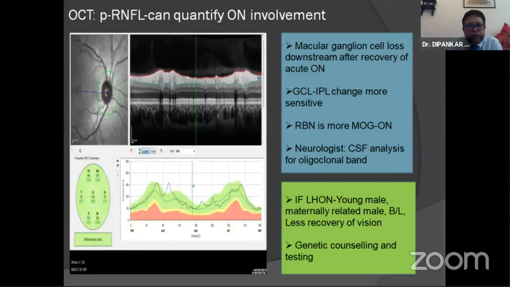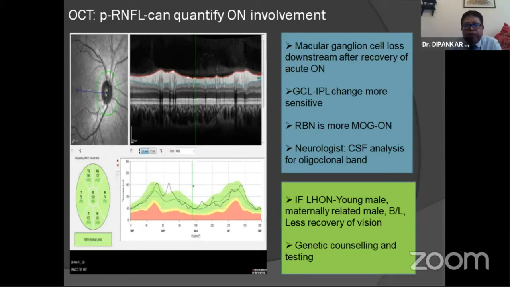Now, OCT, this was in the follow-up of the case, and the red zone, as Dr. Rashmin showed, was not involved, but you can see the yellow zone touching the black one. So here, an important thing, as Dr. Rashmin has mentioned, is retinal nerve fiber layer analysis along with GCL-IPL change, which is more sensitive.